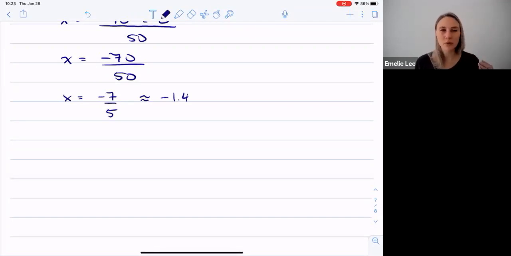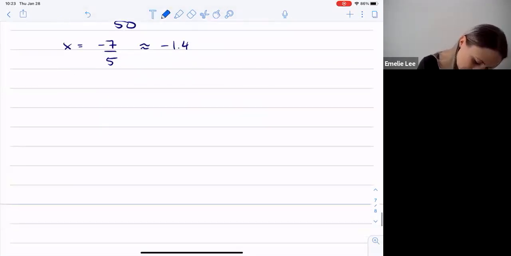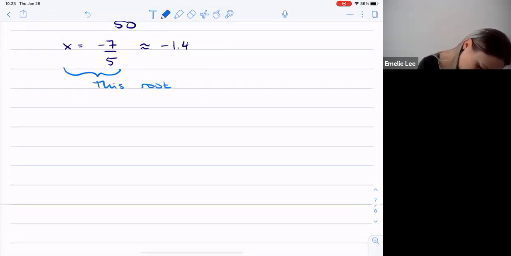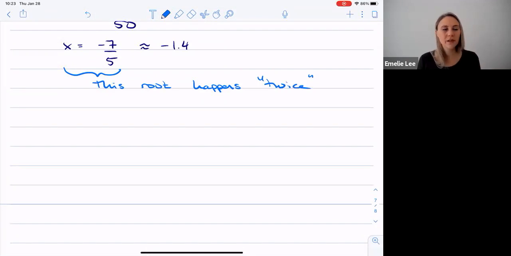But this root happens twice, right? So it kind of goes down and then it bounces off. Okay. So this is a special case, right? This root happens twice, right? Because you're still going to have two roots.